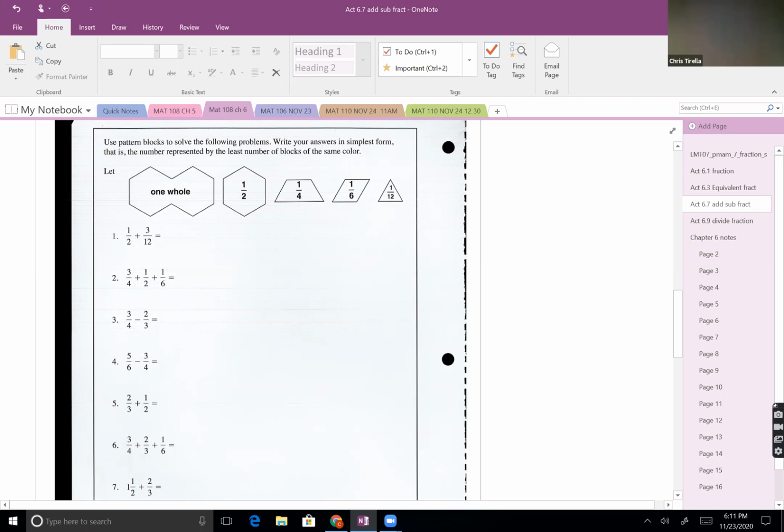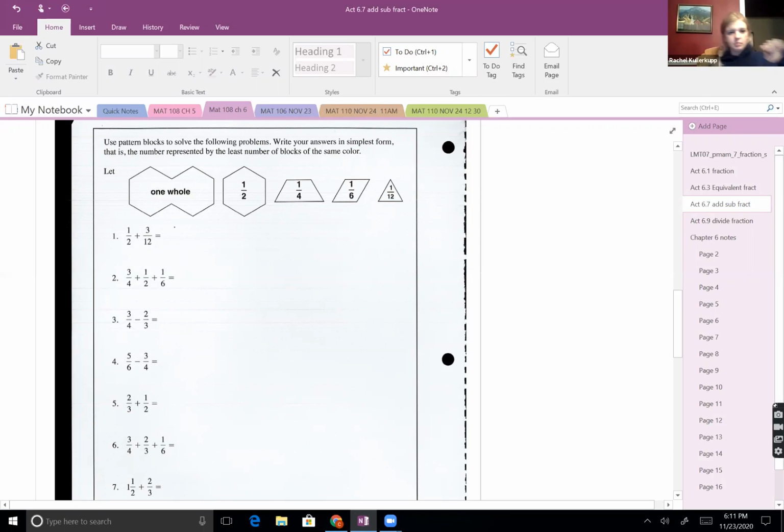So if you were to use your pattern pieces and add them, 1/2, that yellow hexagon, how many 12ths would that be? How many green triangles would it take to fill that yellow hexagon? 6.